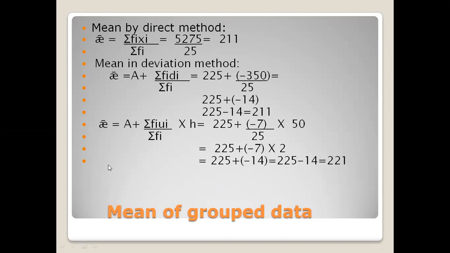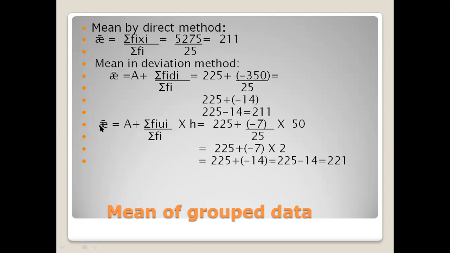So 225 plus the di value, by 25, that is equal to 225 plus minus 14, that is plus into minus is minus, so 225 minus 14, its value is 211.